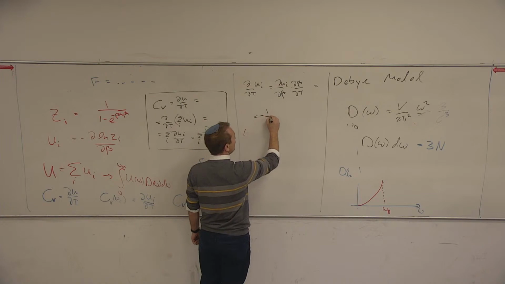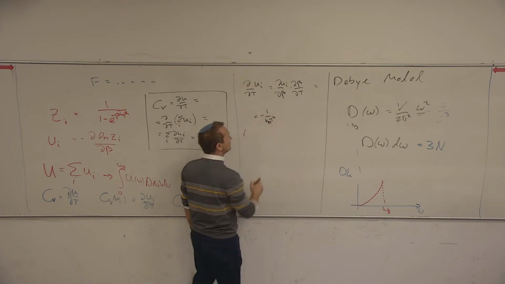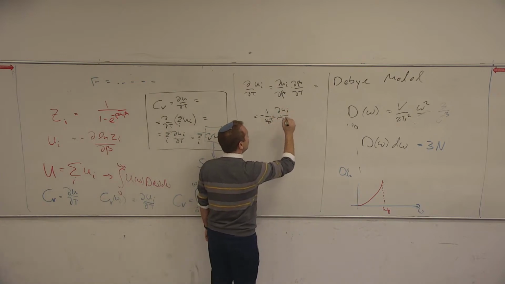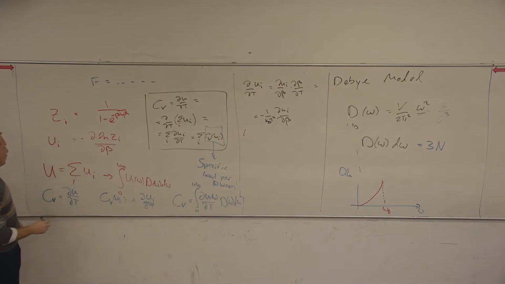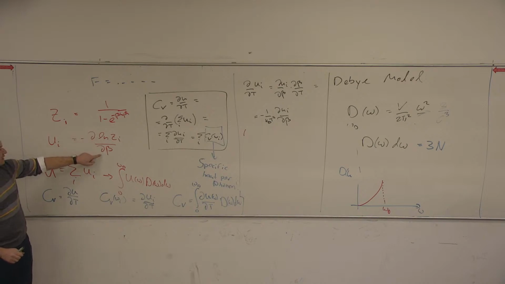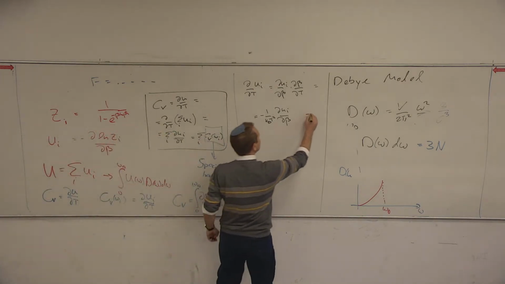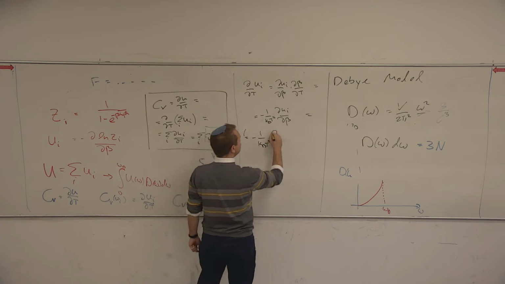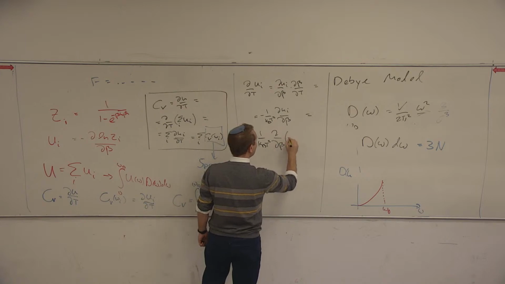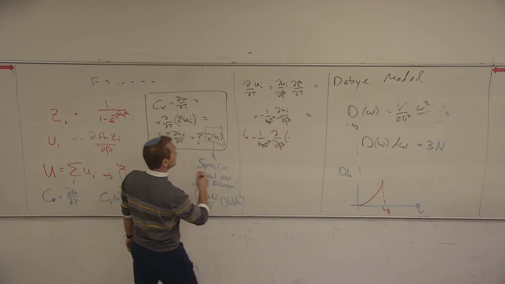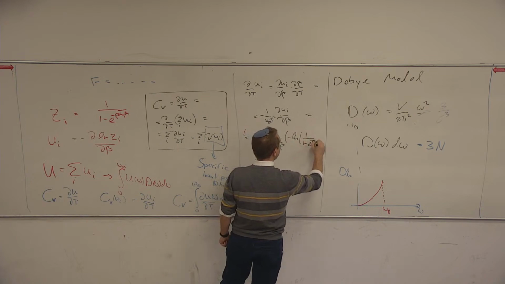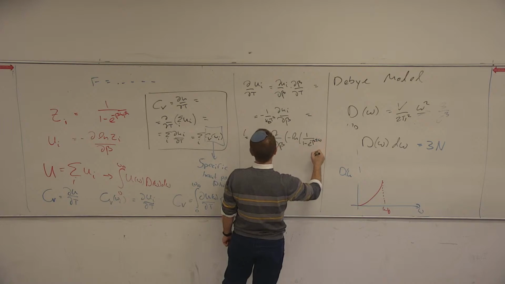Minus 1 over k Boltzmann T squared, times dui to d beta. Now ui is simply minus d log of zi to d beta. So this is minus 1 over k Boltzmann T squared, d to d beta of minus log of 1 over 1 minus e to the power minus beta h bar omega.